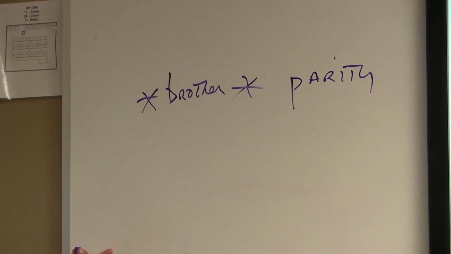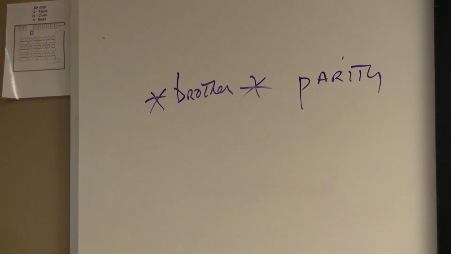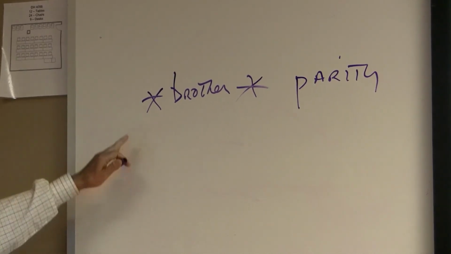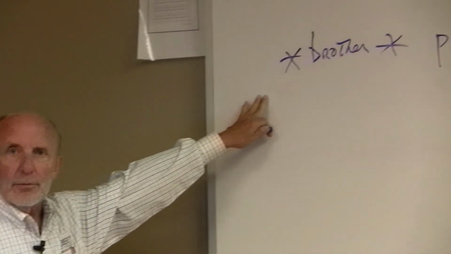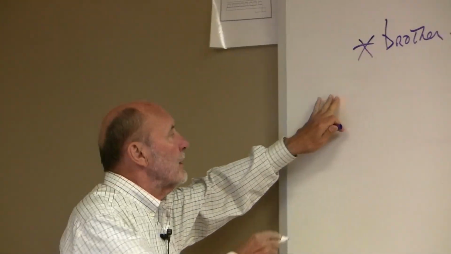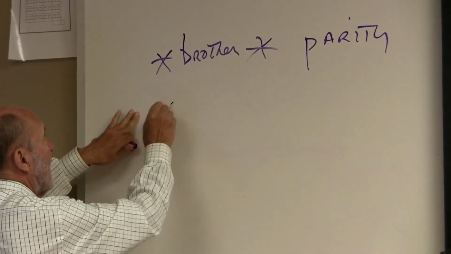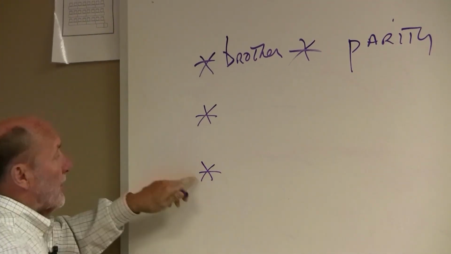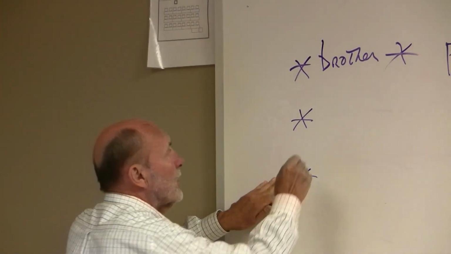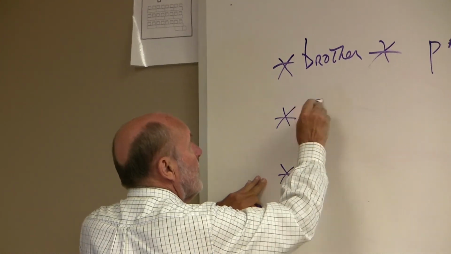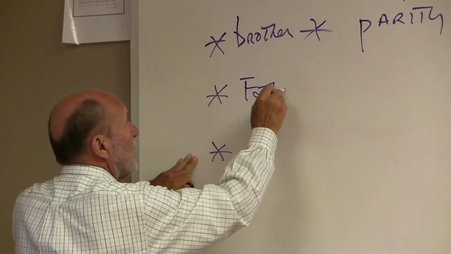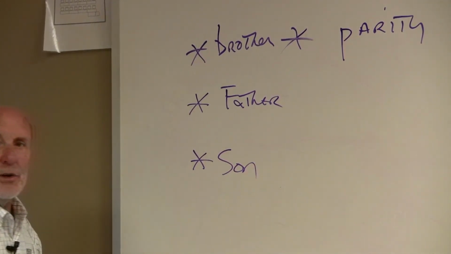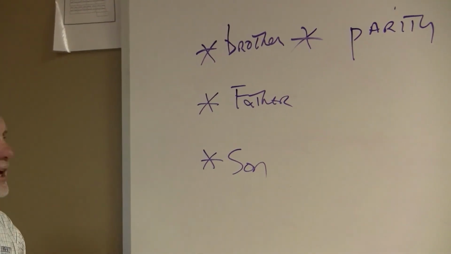Parity, as you can see, is related to the English word pair, P-A-I-R. And so they were an equal pair. If, however, we had a covenant relationship like this, and this would have been the inferior, then this person in the covenant would have been called the father, and this person in the covenant would have been called the son.